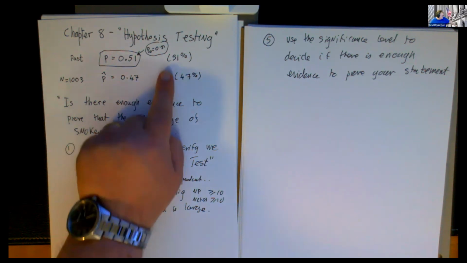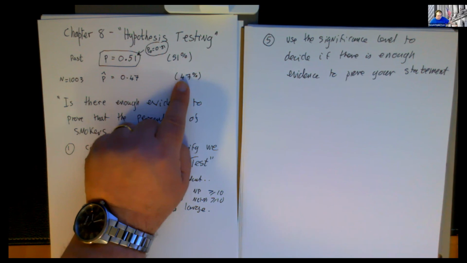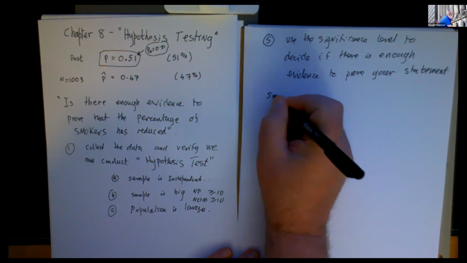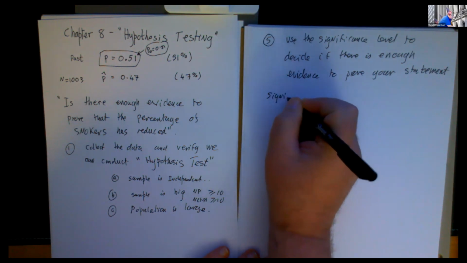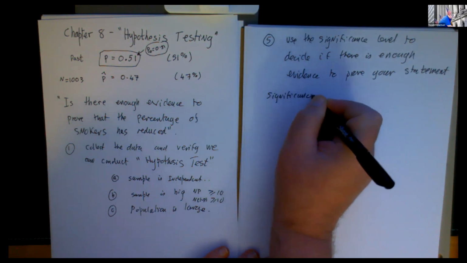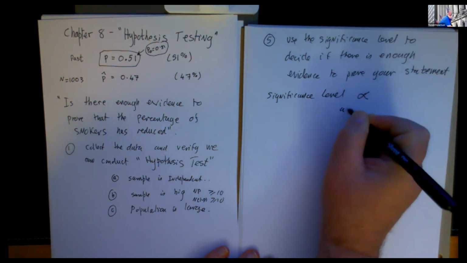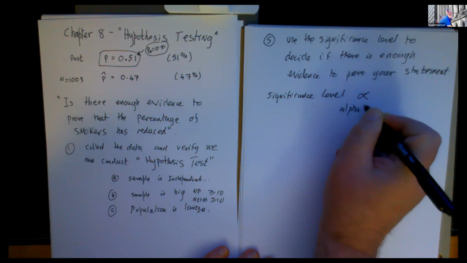Well, superficially that looks good. But there is a kind of ruler that we use, a kind of guide to deciding it. There's a number called the significance level. It uses the Greek letter alpha. So that's what it will look like in the textbook.